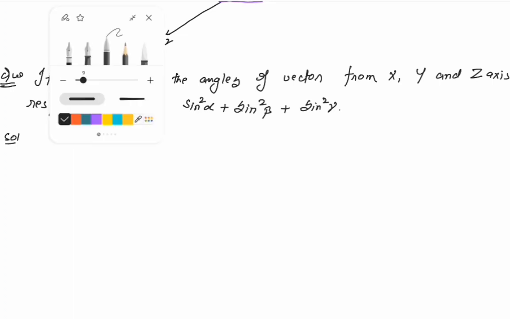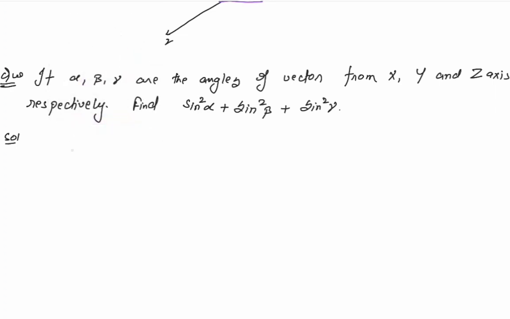We know for the direction cosines of the given vector, cos square alpha plus cos square beta plus cos square gamma is always equal to 1. This is the identity of the direction cosines. Now we know sin square theta plus cos square theta is equal to 1.